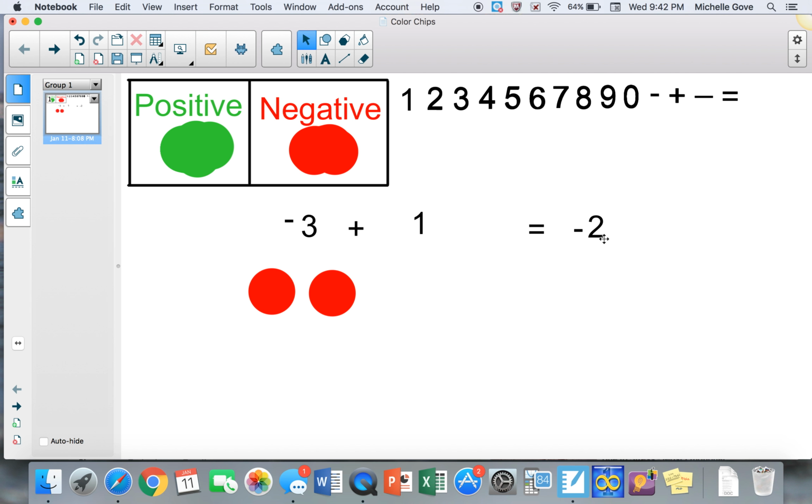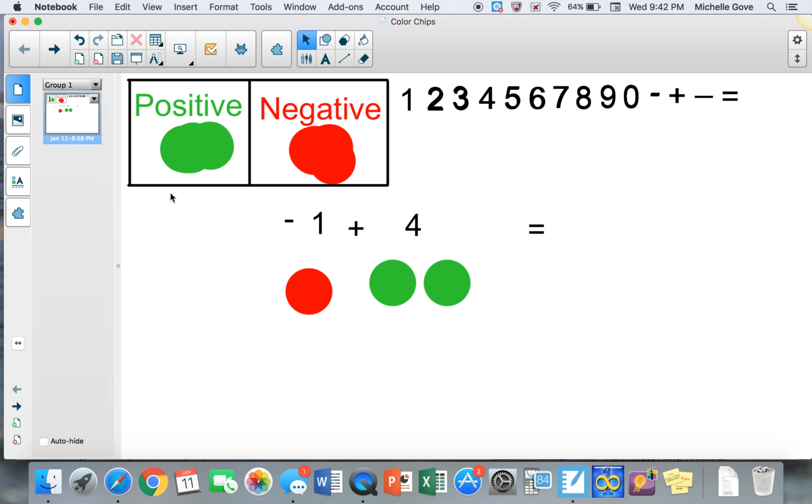We could try this one last problem. So now we could do -1 plus 4. And so to start, we have our 1 negative or 1 red chip, and I have 4 greens or 4 positives.